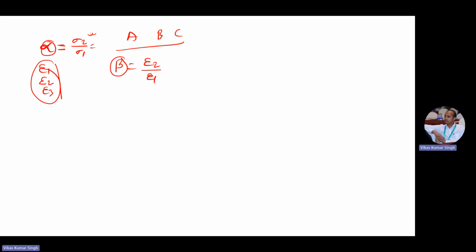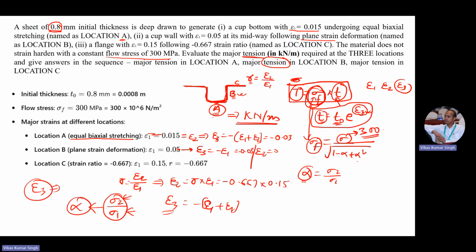This is the formula for the strain ratio. Alpha in terms of beta is known, and alpha in terms of beta is equal to 2 into beta plus 1 divided by 2 plus beta. This formula. So if we calculate beta at every location, we can. Why not?